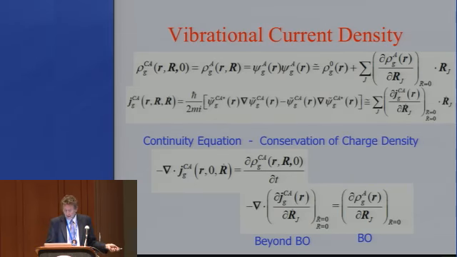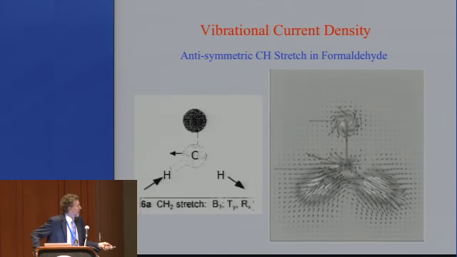And we've actually plotted current density. You've all seen normal modes expressed by displacements of nuclei, but you've probably never seen what the corresponding velocity maps are for current density. What's interesting about this is that this is just formaldehyde, this is an oxygen. When this hydrogen goes in, there's a little bit of back recoil from the carbon, and this hydrogen comes out.